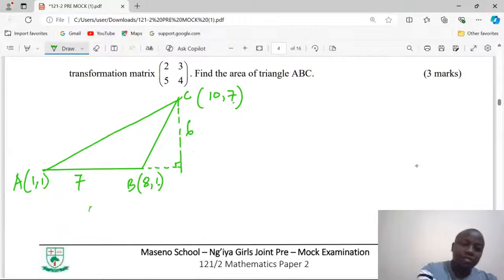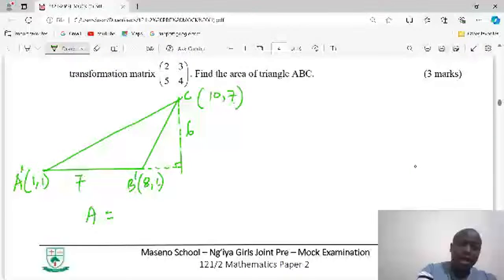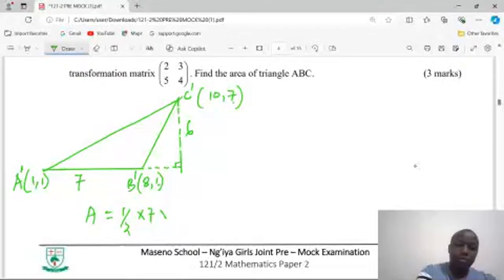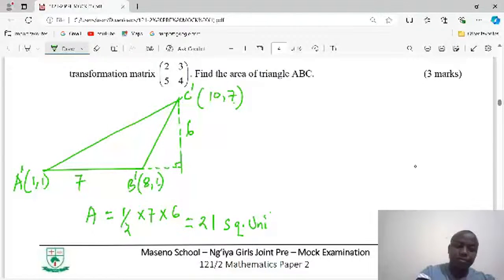So the area of the triangle A'B'C' is going to be, when I take half multiplied by 7 by 6 units, exactly 21 square units.